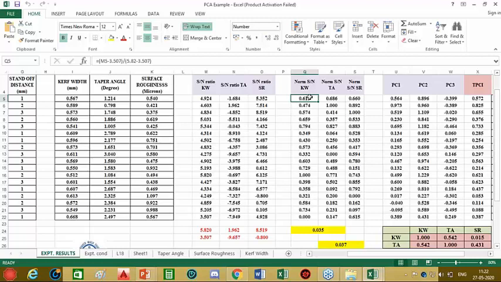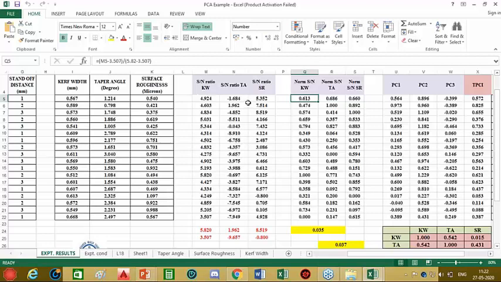This is how we normalize the SN ratio. But suppose the response was to be maximized, then in that case we consider the maximum value of this column minus the particular value, divided by the maximum minus the minimum value of this column.